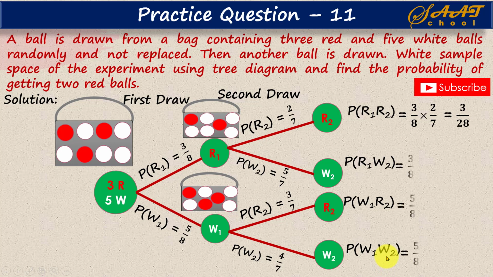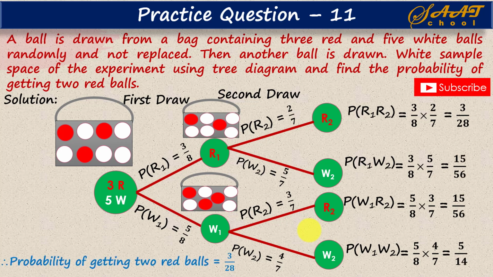You just use the values like 3 by 8 multiplied by 5 by 7 in this case, and here you multiply 5 by 8 and 3 by 7, and finally this one and this one. You can get the product. So simplify that, finally you will get that. Now the question is to find the probability of getting 2 red balls, and this is the answer, which is 3 by 28.